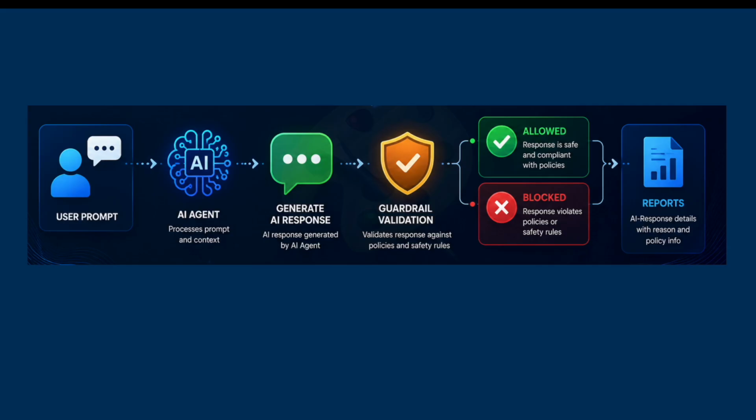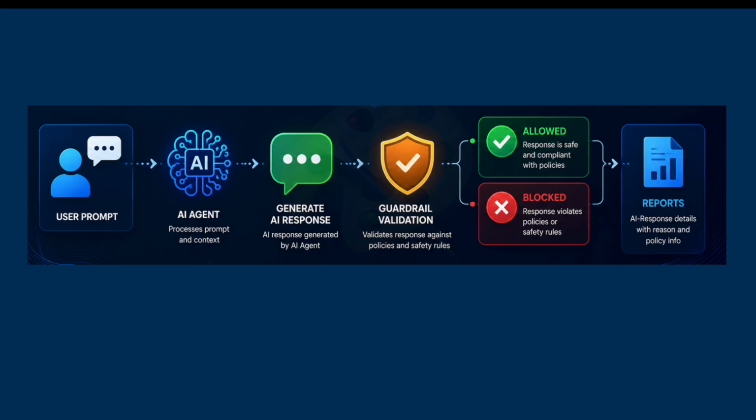This is how you can present to your business stakeholders also, and ensure which scenarios our AI agents are passing or failing. Based on that, your developers can tweak the AI agent and make it more compliant and safer.